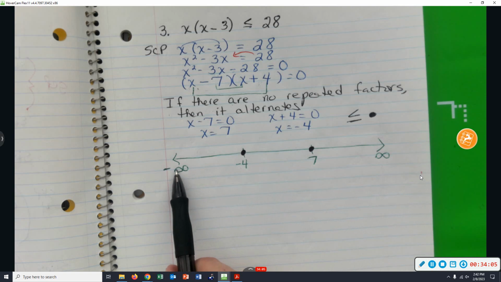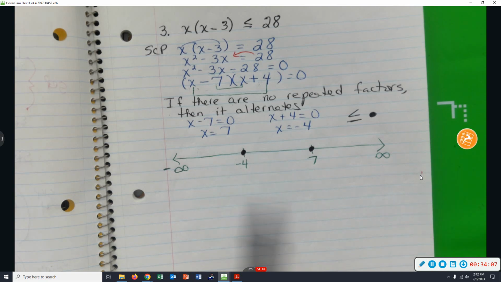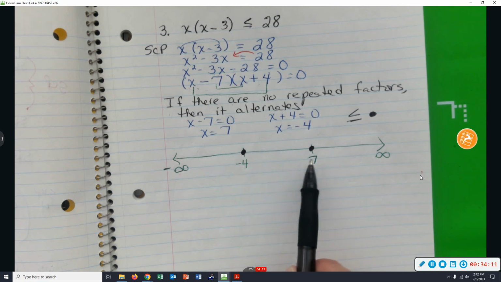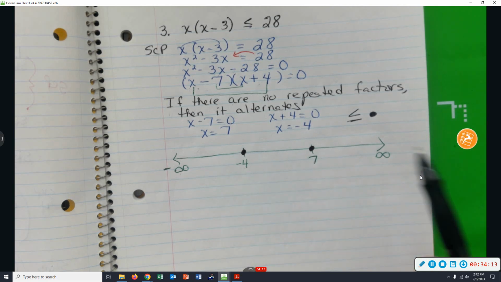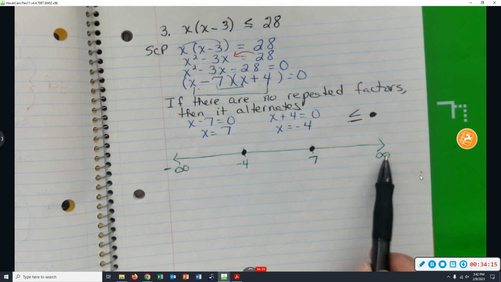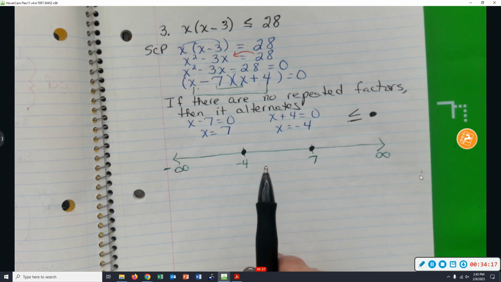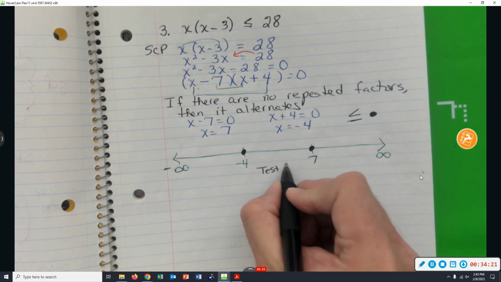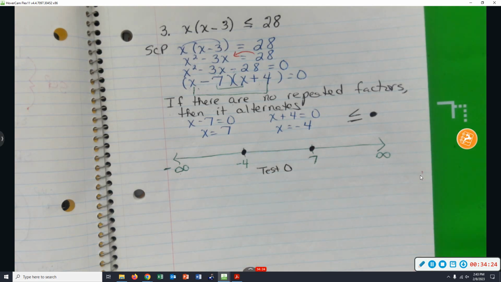But for anything, which interval contains 0? Is 0 between two negatives? Or is it between a negative and a positive? Or is it between two positives? It's always between a negative and a positive. This is the interval that has 0 in it. That's the interval I'm testing.